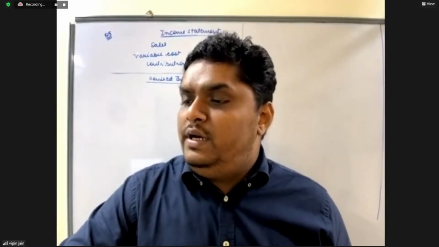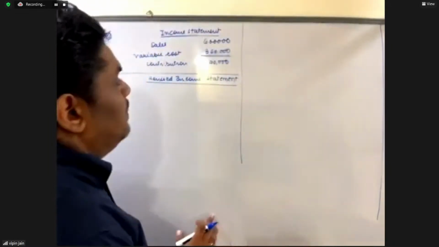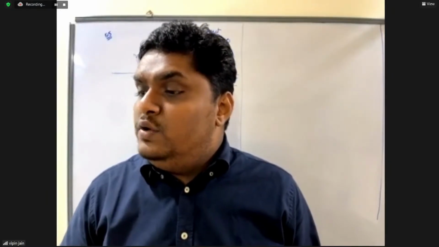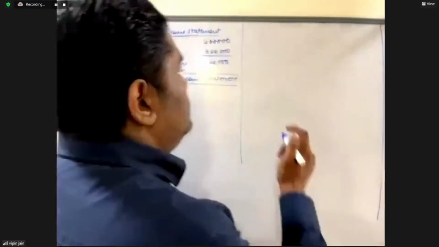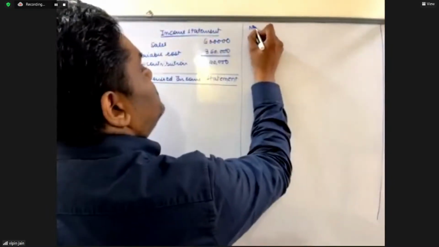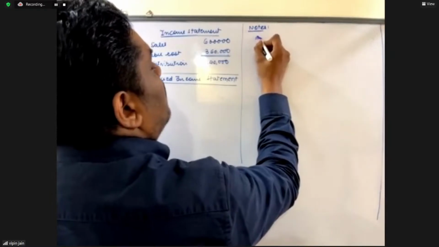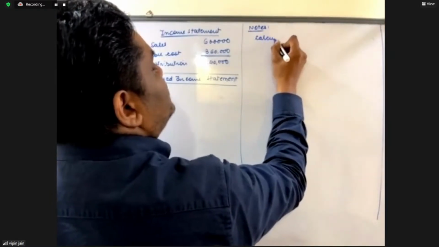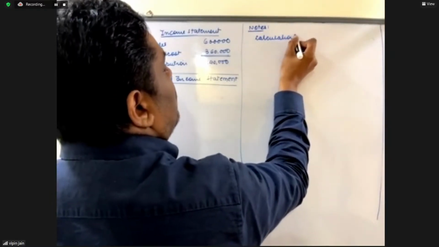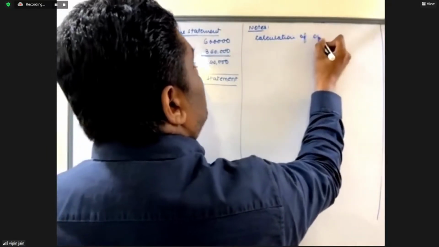Herein, the current output is 48,000 units. Now there is an increase in output. Further, they have reduced the number of employees. So, notes: calculation of output.